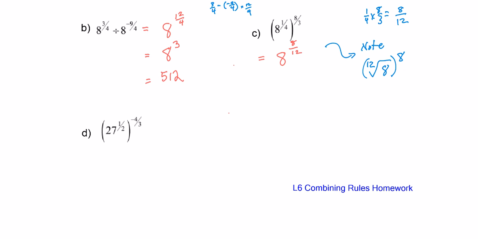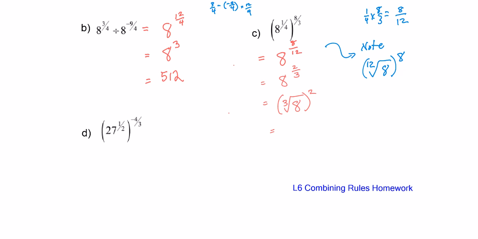So now we've got 8 to the 2 over 3. Based on our rules for fractional exponents, this is the same as having the third root of 8 raised to the power of 2.